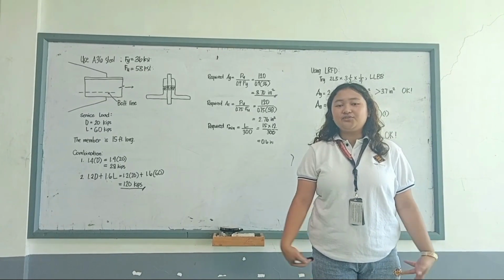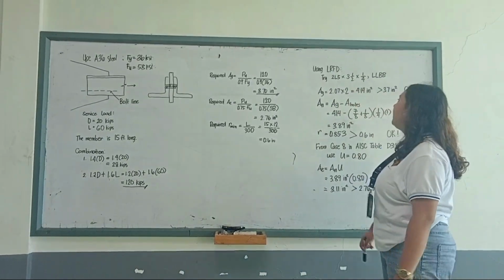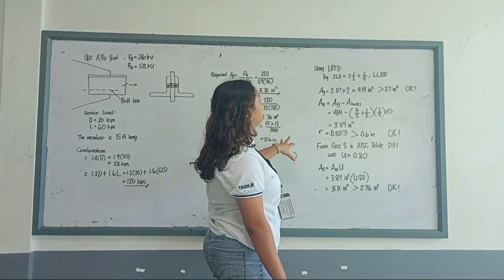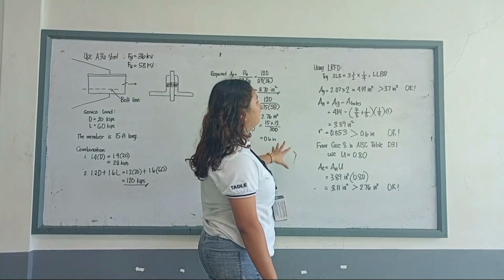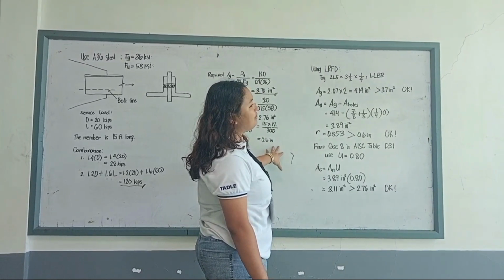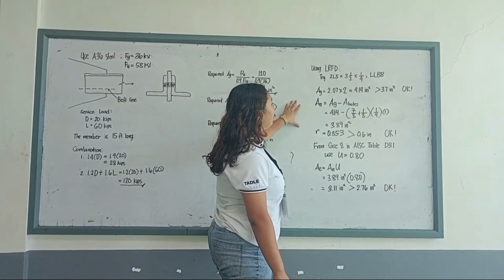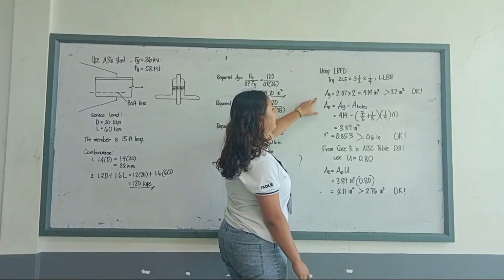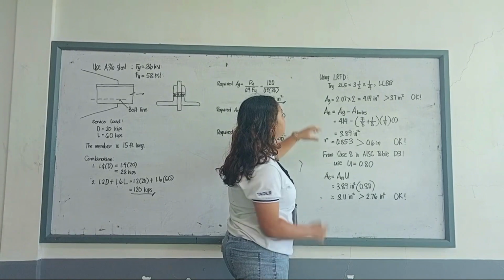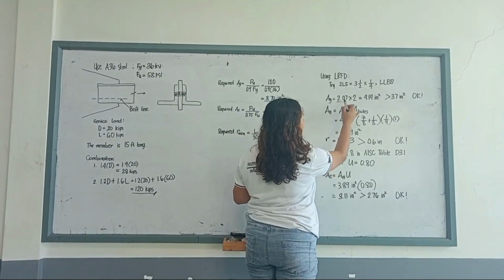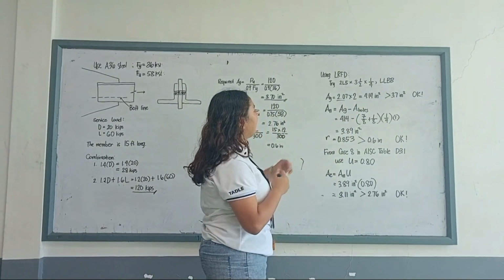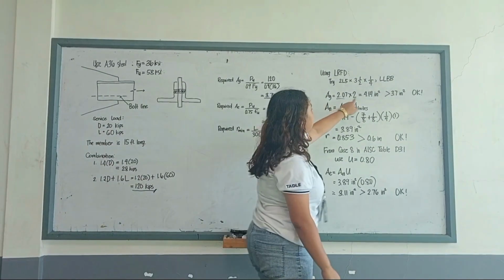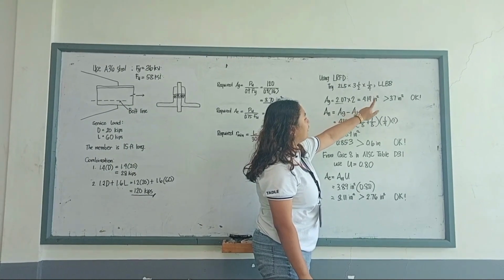Now, let us solve for the strength of our member using LRFD. Let us try using 2L 5 by 3 1/2 by 1/4, long legs back to back. From the table, the corresponding gross area is 2.07, and since it is a double angle member, we multiply by 2, which is equal to 4.14 square inch.